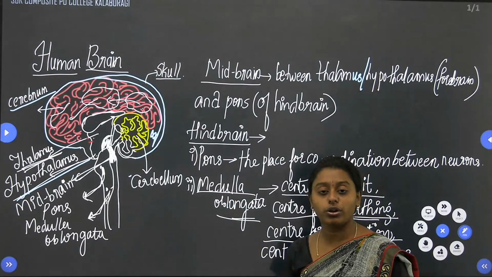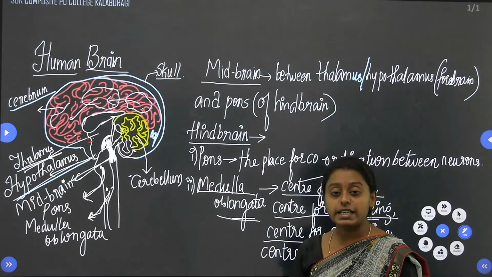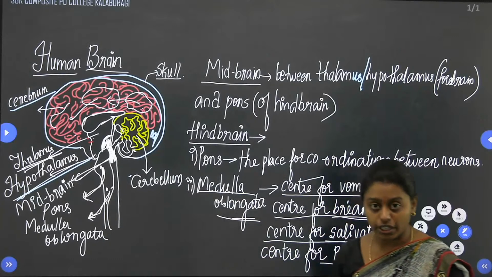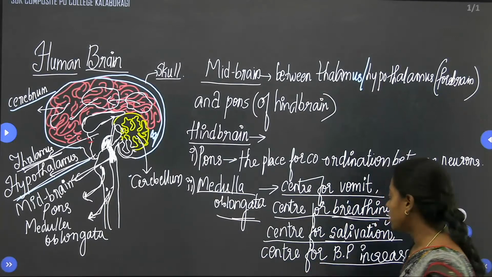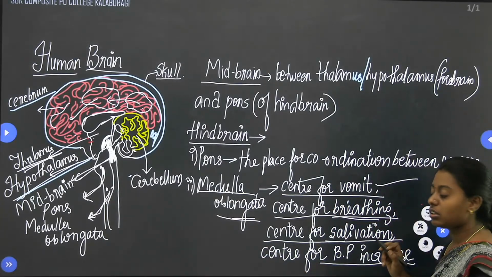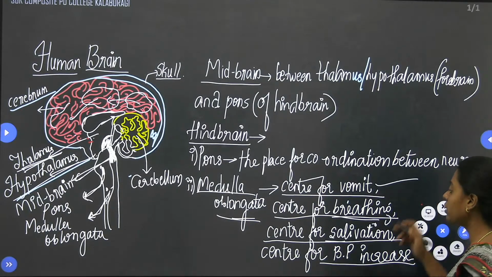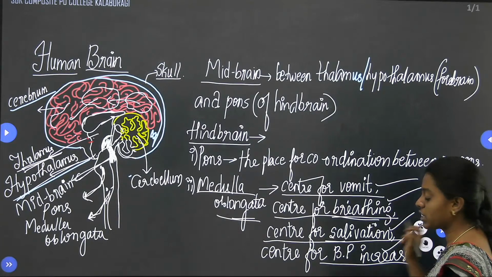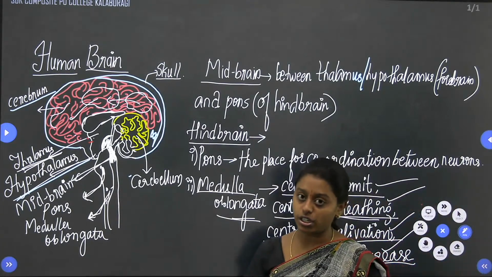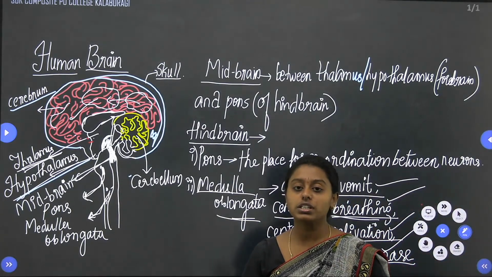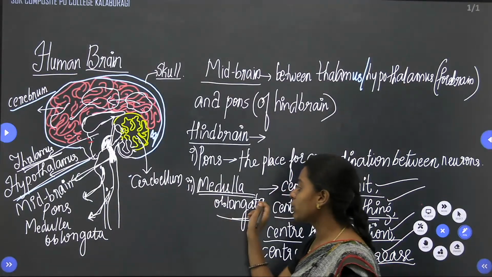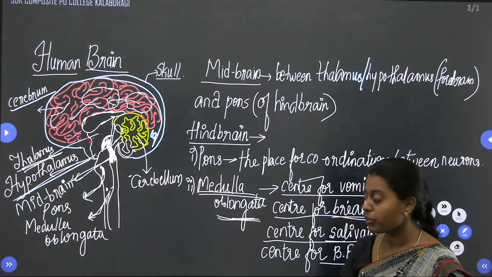So we can observe that the centers present in the medulla oblongata regulate vomiting, breathing rate, salivation rate, as well as increase the blood pressure in an individual based on what the body needs. So this is the function of the medulla oblongata that we can look into.